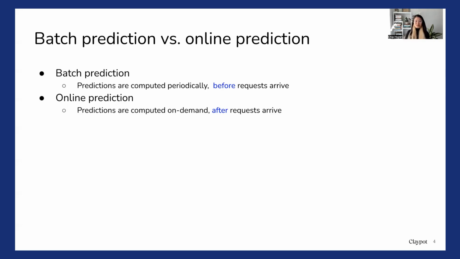Batch predictions are a way to avoid latency because you generate predictions beforehand, so you don't have to worry about how long the predictions are going to take. However, online prediction has strict latency requirements because you don't want users to wait forever to see recommendations or other results. However, batch predictions might mean a lot of wasteful compute.